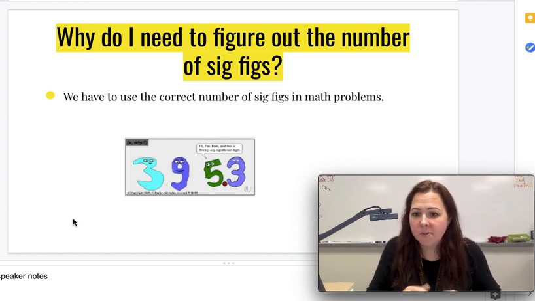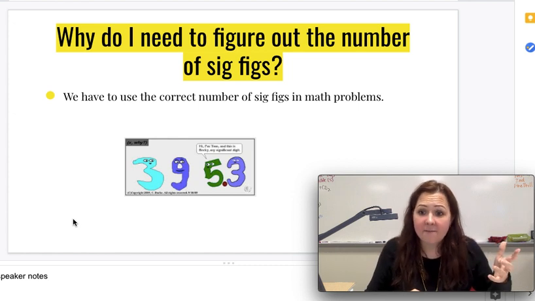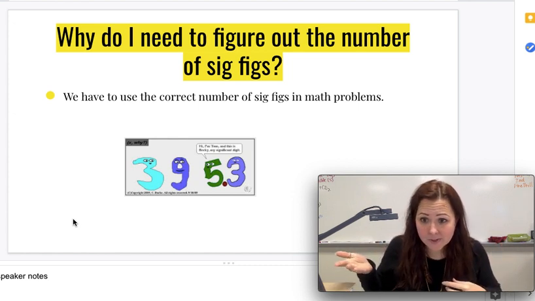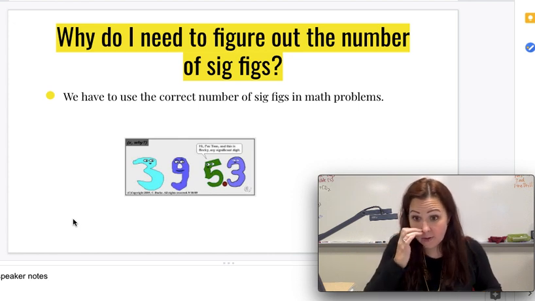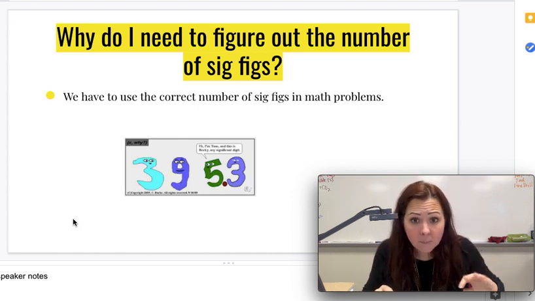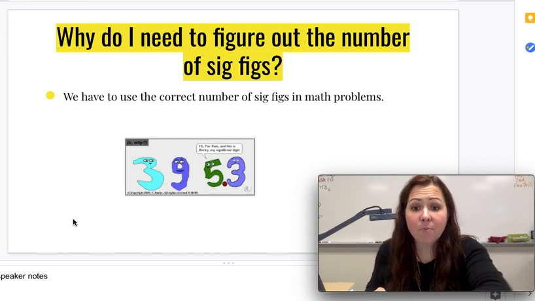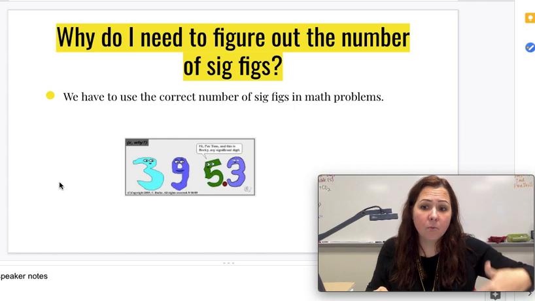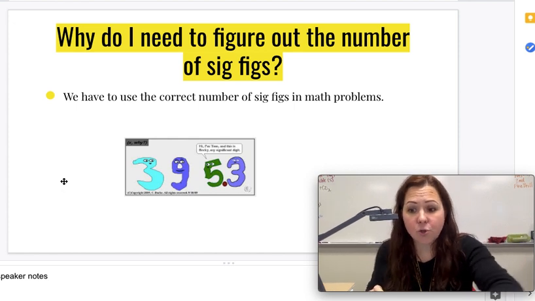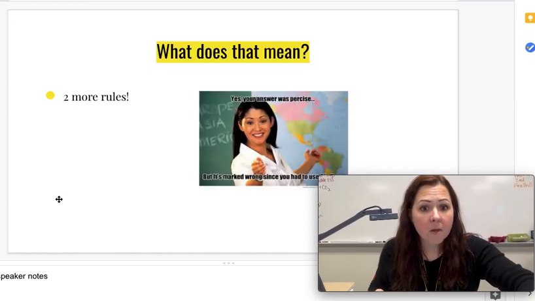If you are multiplying 3 giraffes by 4 apples, 3 times 4 is just 12. You don't have to round anything there. But we have to make sure that our accuracy and precision are reflected in the answer that you're giving to the reader.